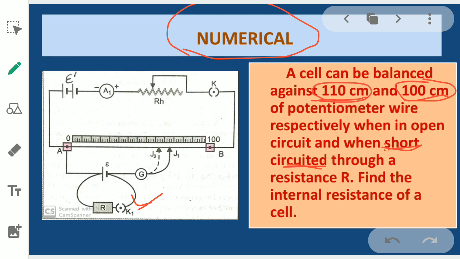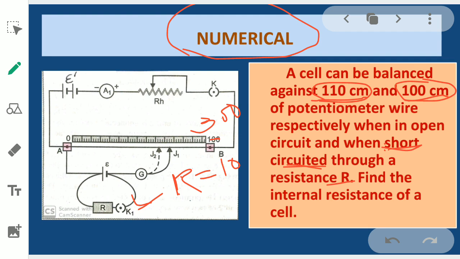You see that the potentiometer here in this diagram is 100 only. So let us take this as 300, then only we will get the balancing length 110 centimeter. And there is a R, whose value you can take as 10 ohm. So we have to find out the internal resistance of a cell.